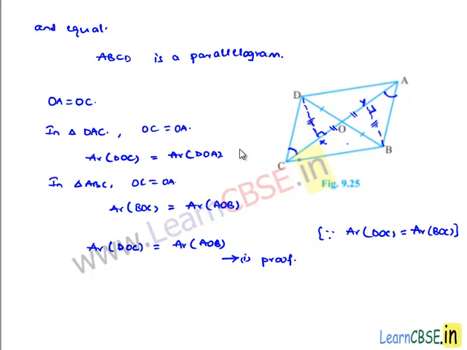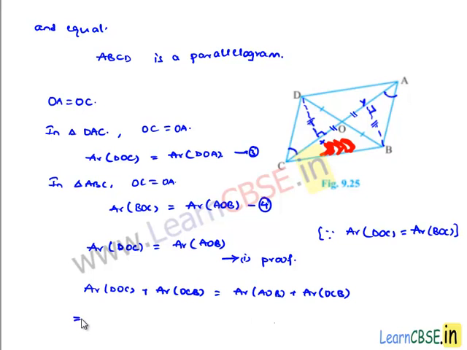Now let us name these equations as equation number 3 and this as equation number 4. Here let us add the area of triangle OCB on both sides, so that area of triangle DOC plus OCB is equal to area of triangle AOB plus area of triangle OCB.